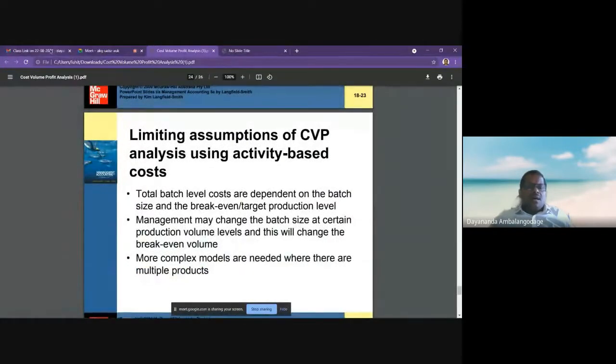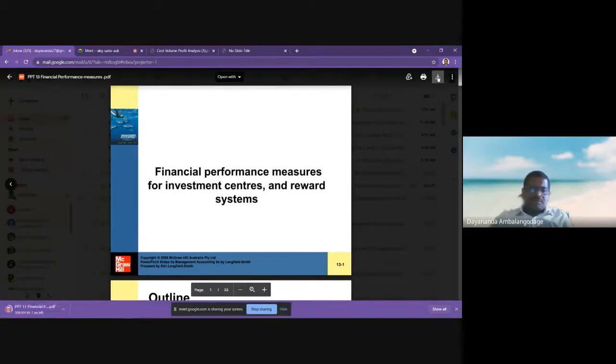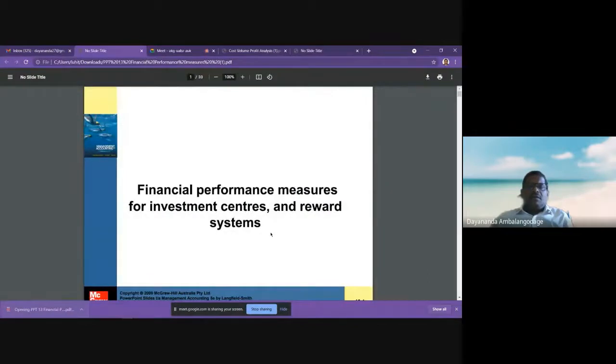Then we can talk about the other one: the financial performance measurement for investment centers and reward system. It's a new topic.